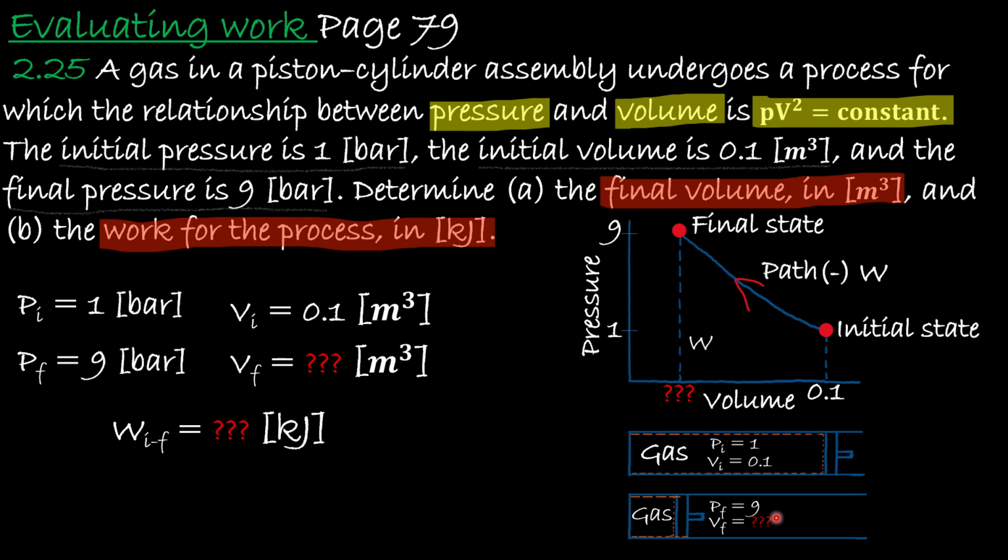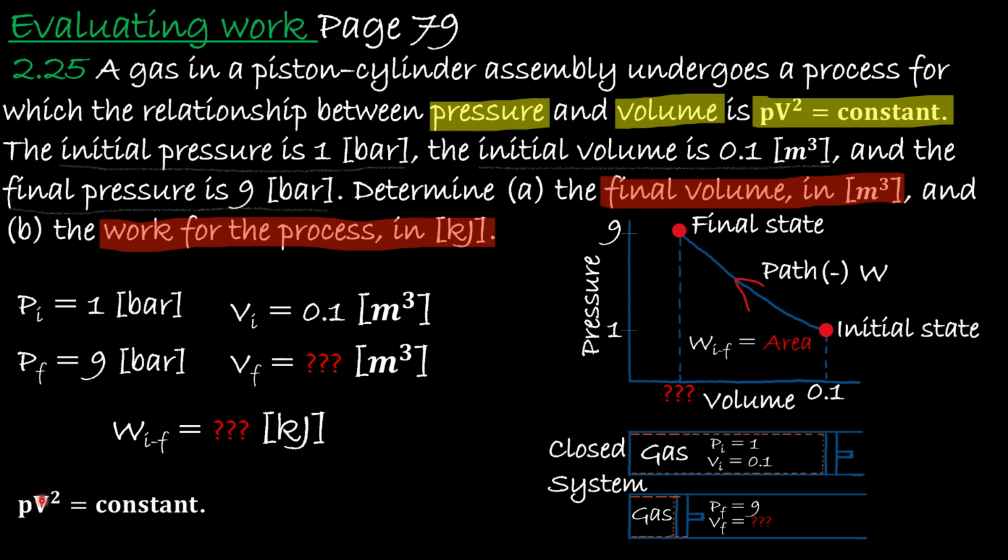We call this a closed system because there is no change in mass. We are asked to find the work, and the work is the area under the curve, or the area under the path. That tells us that work depends on the path it takes to go from initial state to final state.